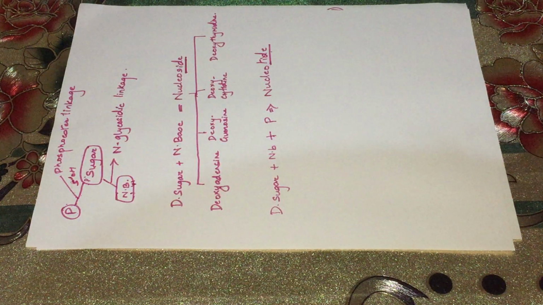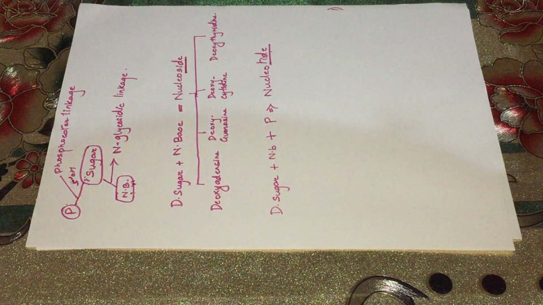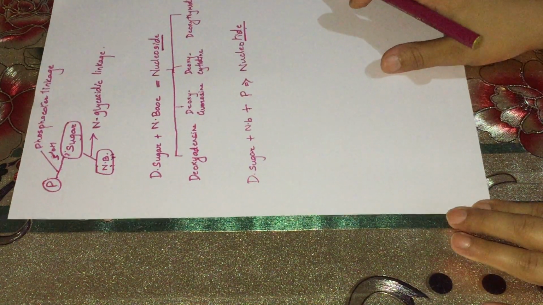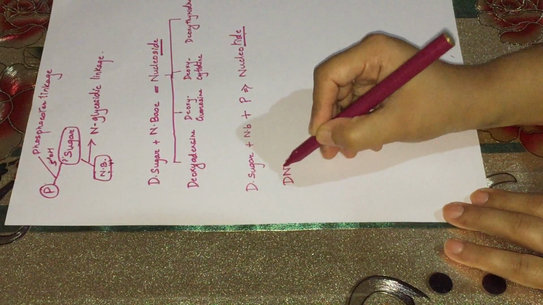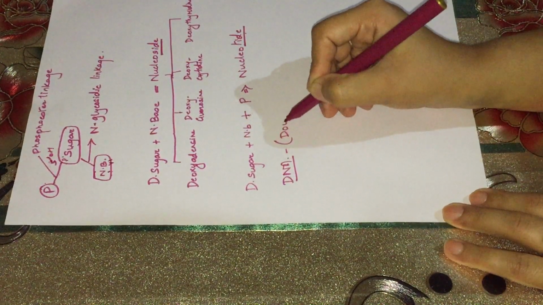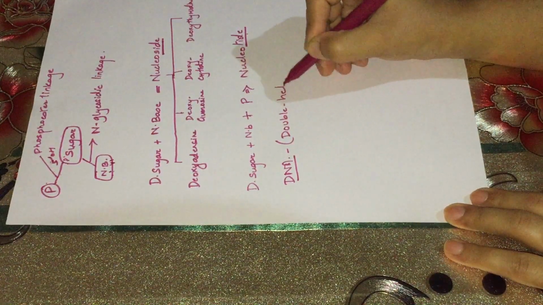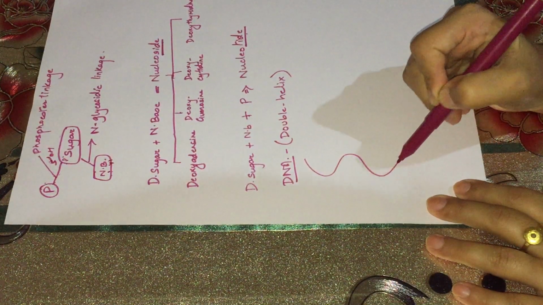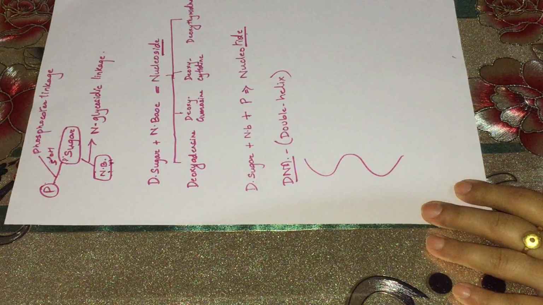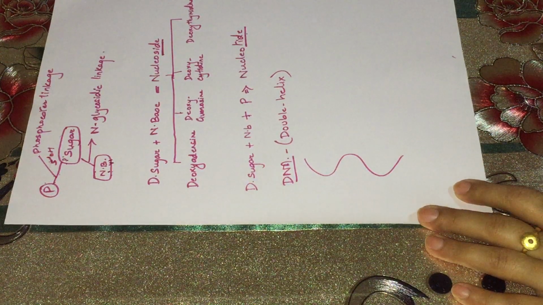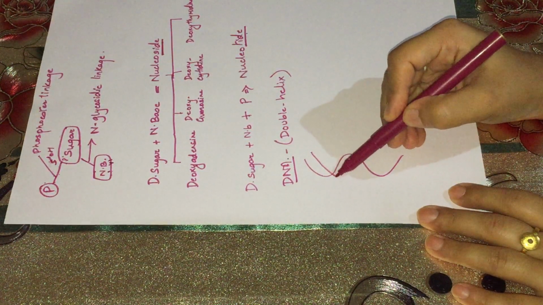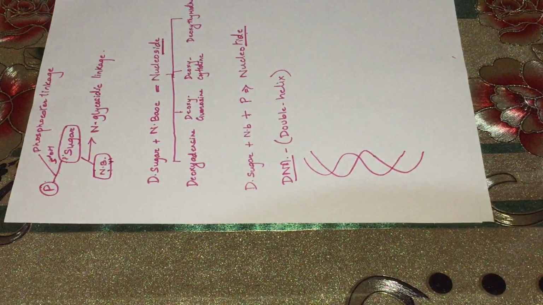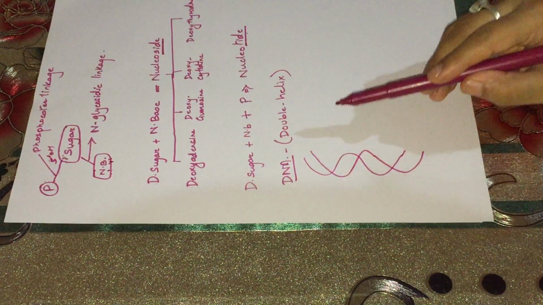Now coming to the salient features. DNA is also called, I've already told you, double helix structure. Double helix means DNA is not made up of only one chain of polynucleotides, but of two chains of polynucleotides which are helically coiled.